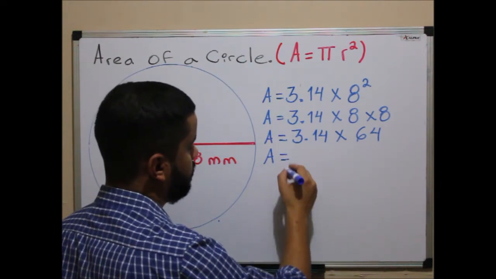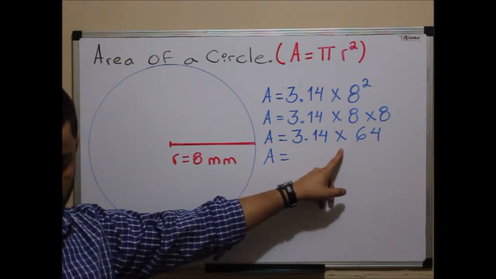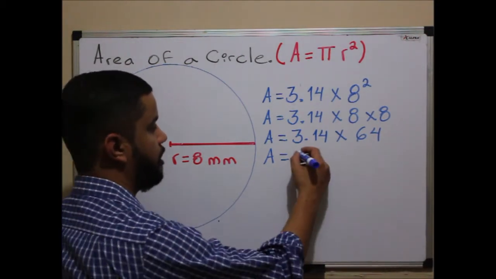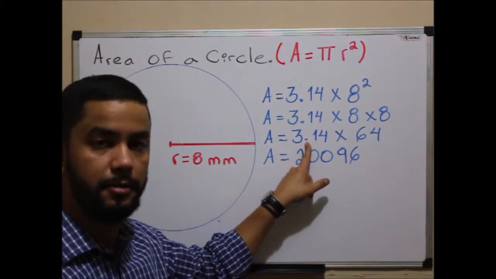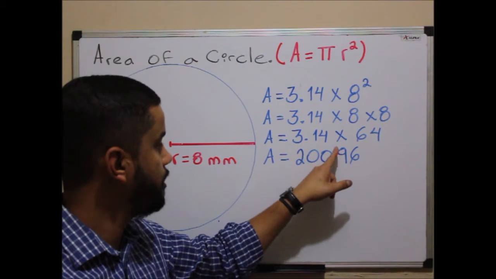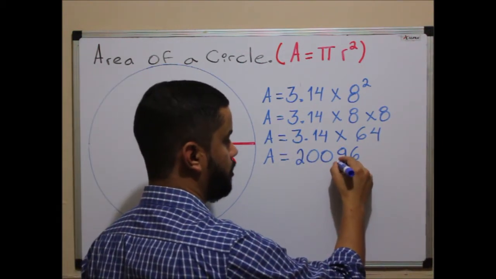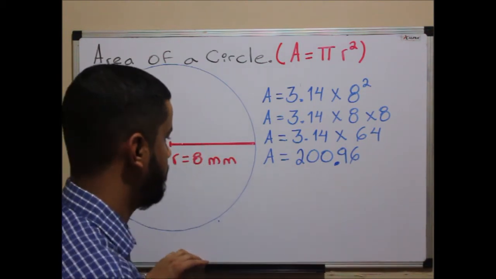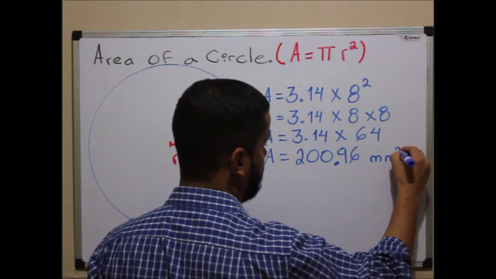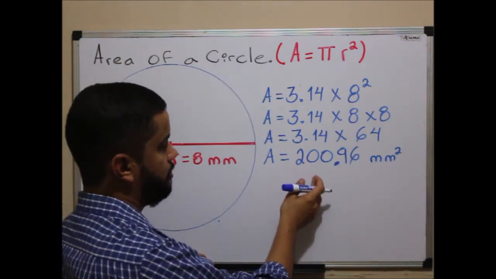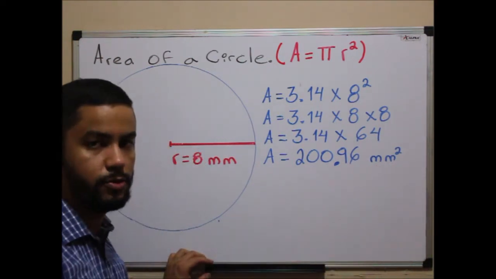We're going to place the decimal point 2 units from right to left. So here we're going to have the decimal point at the end of this number, our solution, that will be an area equal to 200.96 millimeters squared.